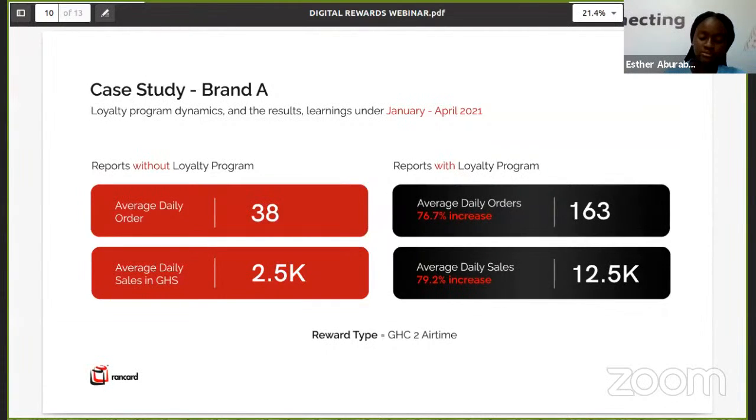They wanted to drive more traffic on the digital platforms instead of more walk-ins, so that they can easily manage their orders. So they decided to run campaigns within a certain period, and these are the results.